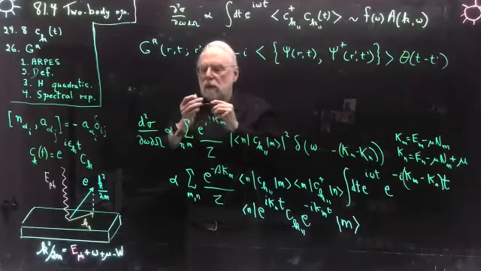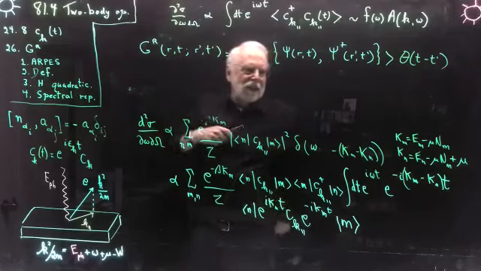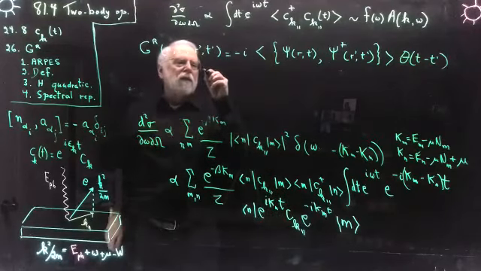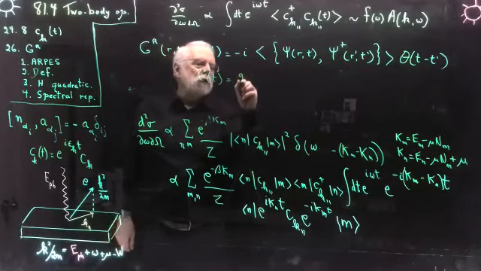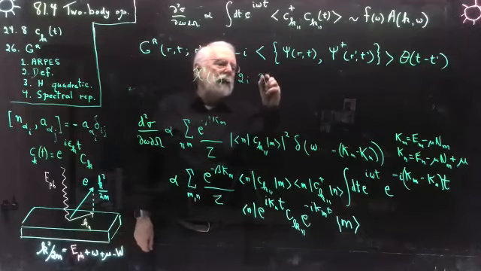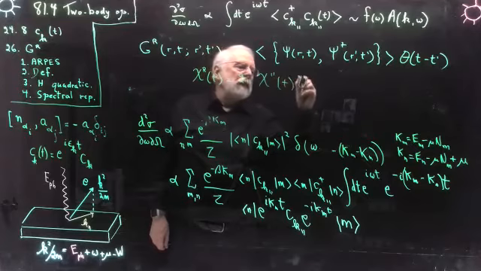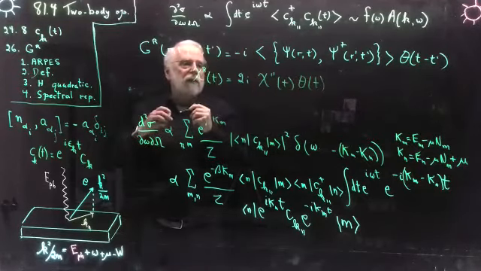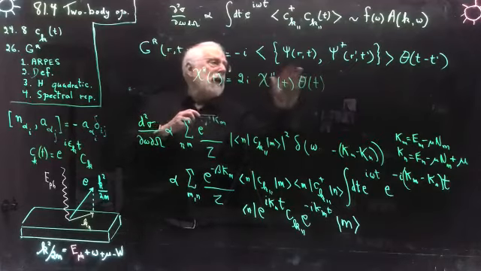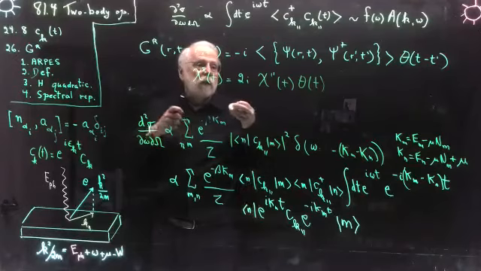So you see it looks like a response function. Remember, we had that chi retarded of t for the harmonic oscillator was 2i times chi double prime of t times theta of t. And that chi double prime was a commutator. Here we have an anti-commutator. So it's the response function.